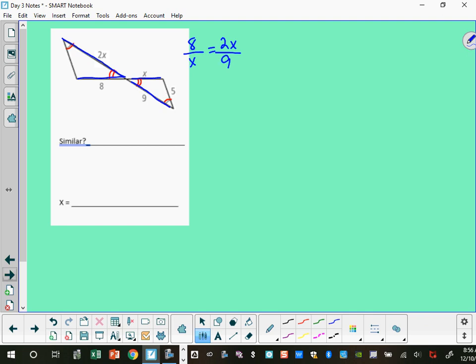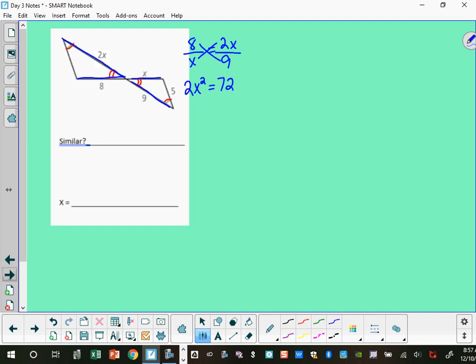I have x's. Cross multiply. Yeah, you're going to cross multiply. So x times 2x is 2x squared. 8 times 9 is 72. How do I solve for x here?